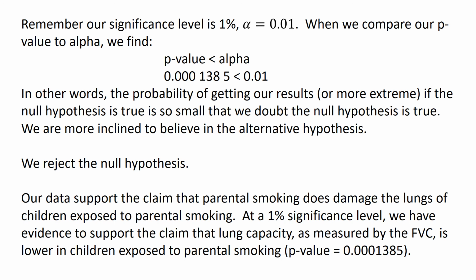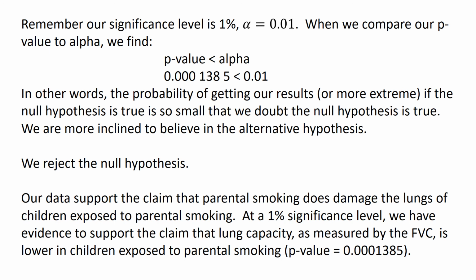But for any of those, our p-value is so much smaller than alpha that the probability of getting our results if the null hypothesis is true is so small that of course we doubt the null hypothesis. These are crazy results if the null hypothesis is true. So we reject the null hypothesis.